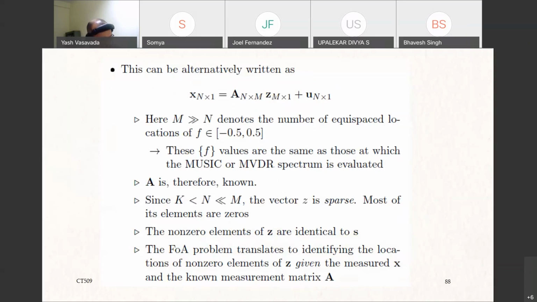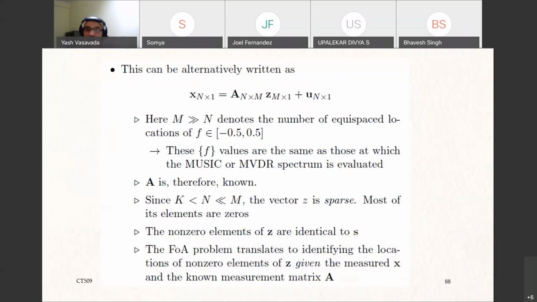Now, from now on, more or less, till we conclude this compressive sensing based approach, you can forget about this being an FOA problem.